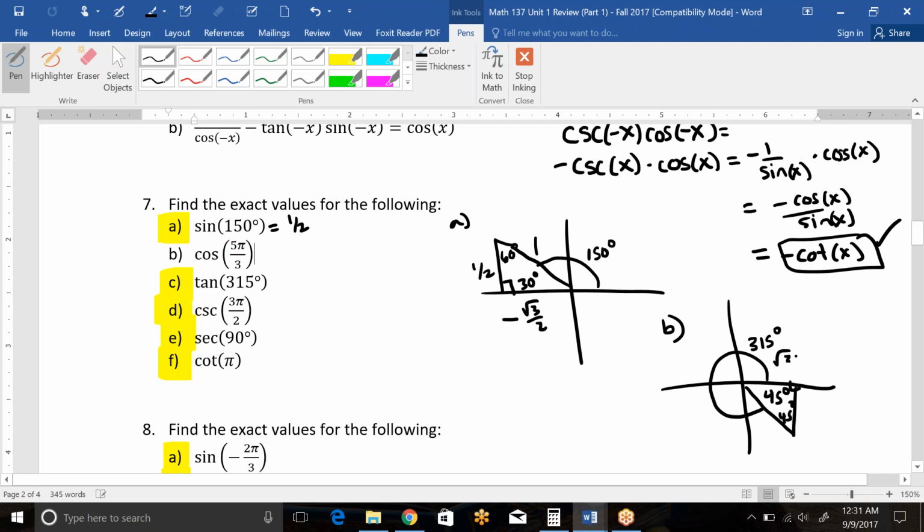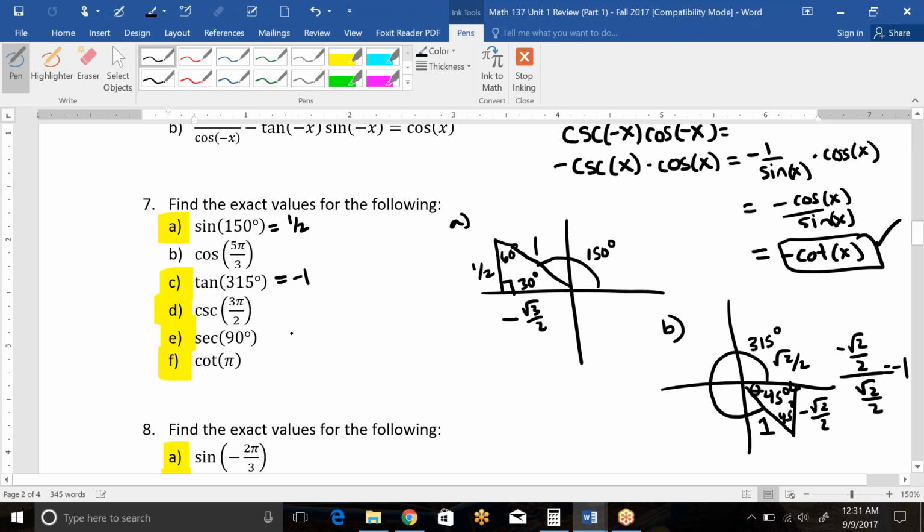So this is a square root of 2 over 2, a negative square root of 2 over 2, because that is the negative y's in this quadrant, and a 1. And we're doing tangent. So tangent, remember, is opposite over adjacent. So that would be negative square root of 2 over 2 over square root of 2 over 2. So that ends up being negative 1.